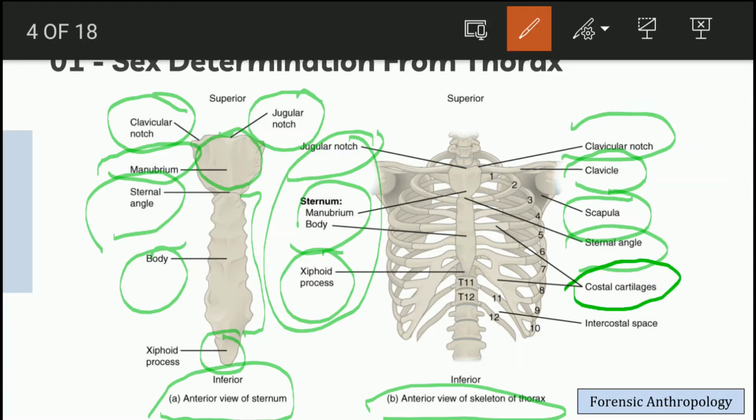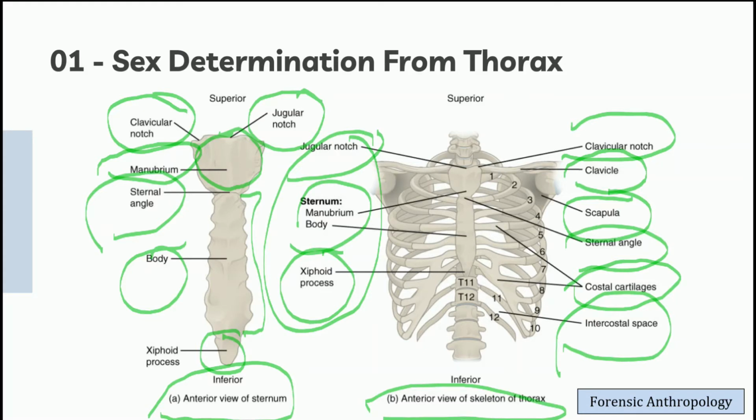Then costal cartilages, which are bars of hyaline cartilage that serve to prolong the ribs forward and contribute elasticity to the walls of the thorax. Then the intercostal space, an anatomic space between two ribs. So here we have taken the basic diagram and discussed the sternum and the skeleton of the thorax.